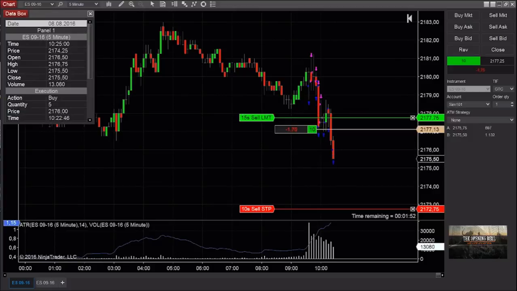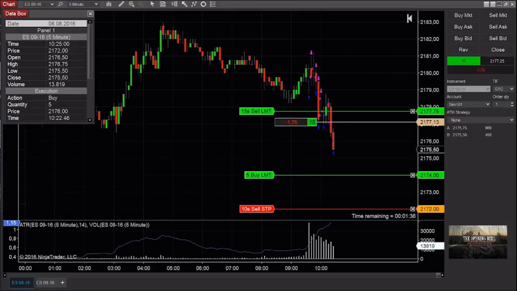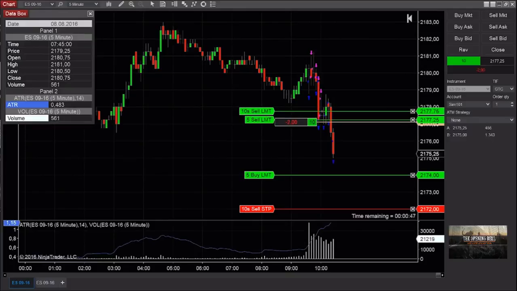The second thing we will be trading is the breakout out of this pre-opening range. So for example, now I'm in a long position, but I should rather be focusing on a short at this point in time, because 2176 was our pre-opening session low.